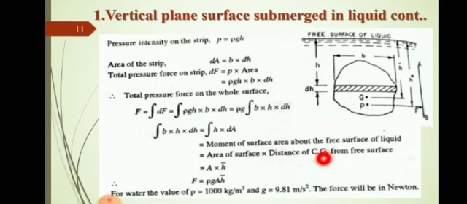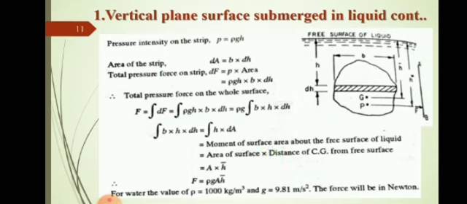So that is equal to A h bar, or in other words you can say integral bh dh is equal to A h bar. So substituting that in this equation, it will become F is equal to rho g into A h bar. That is, this integral bh dh is converted into A h bar. So total pressure force F is equal to rho g A h bar.